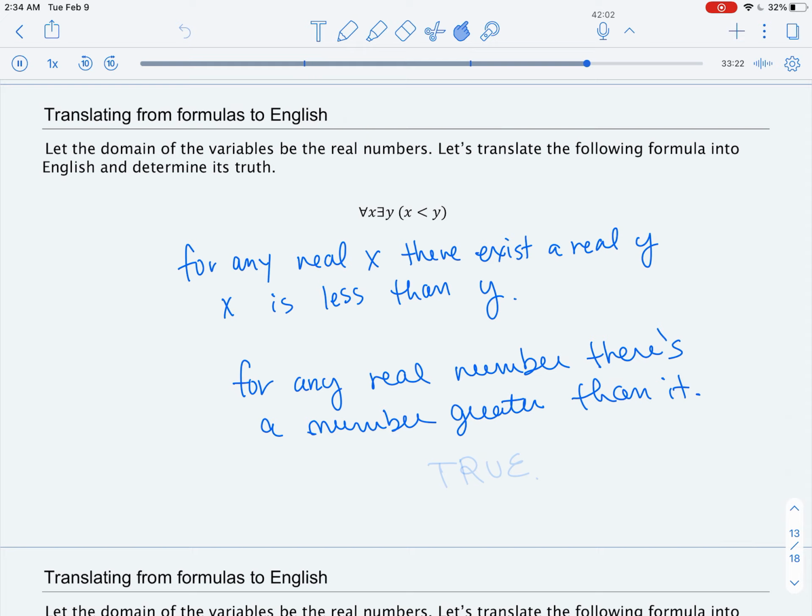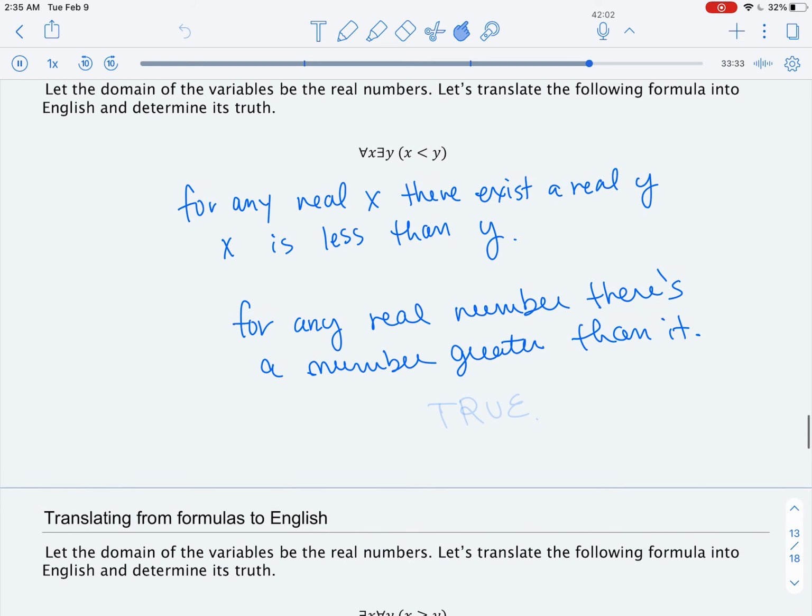It might be a more natural translation, but there's many ways to phrase these. Now we're going to look at the negation of this statement.